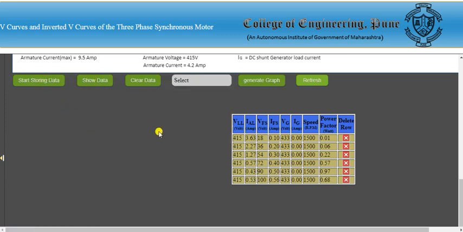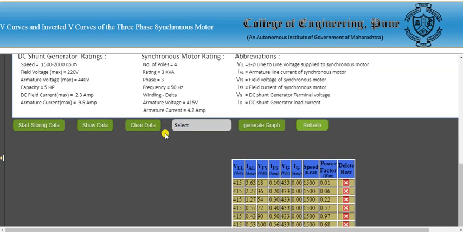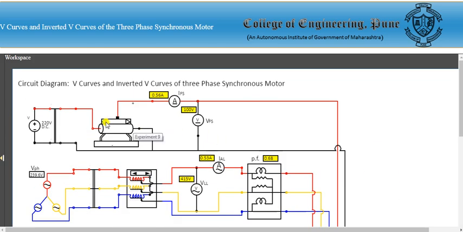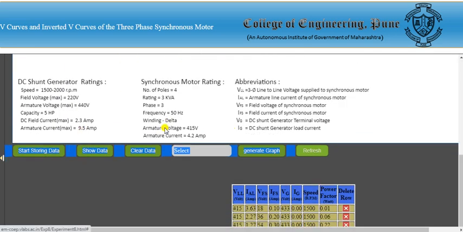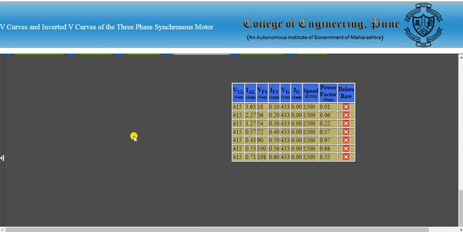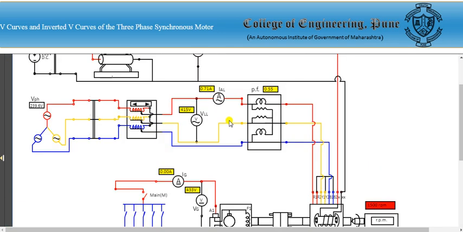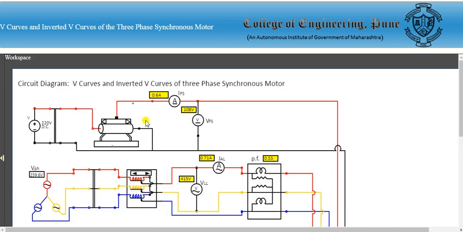Again increase to 0.6, store data, show data. Now the power factor is decreasing. It was approximately 0.97, close to 1, and then it decreases because over-excitation is there.